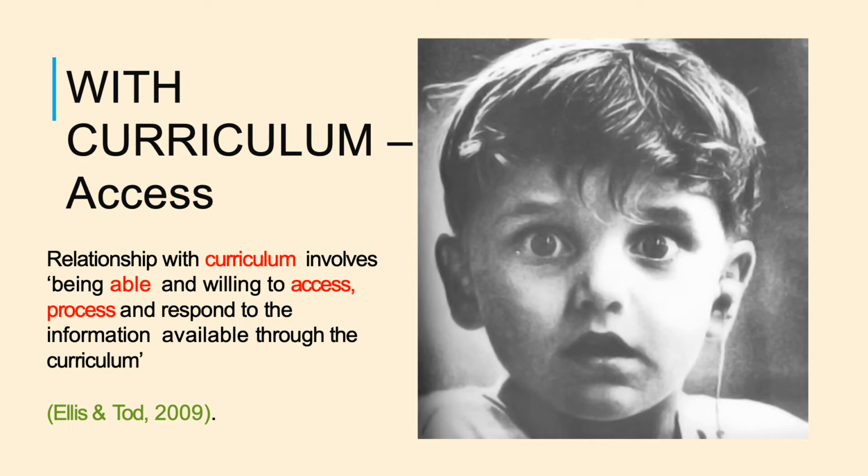So I really like this picture here. This picture is called Silent World into the World of Sound. It's a picture from 1974, and it was taken by Jack Bradley, and it depicts the exact moment this young boy Harold hears for the first time. And so you can see he's got a hearing aid in his ear. And I like to think that's the sort of power we have as a teacher, by giving children access to the curriculum.